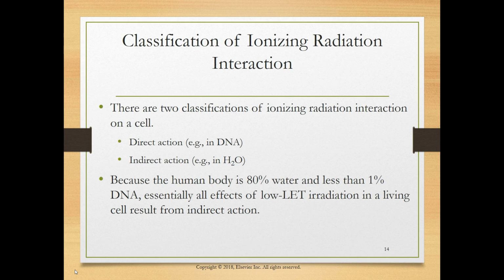If it's indirect, it is interacting with water. And when it interacts with water, it is always a multi-stage process that involves free radicals. Because the human body is 80% water and less than 1% DNA, essentially all the effects of low LET radiation, X-rays and gamma rays, in a living cell result from this indirect action.